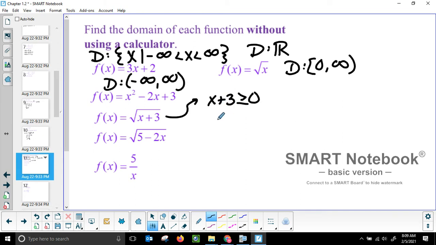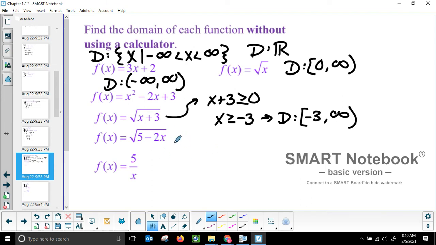I can subtract 3 from both sides. x is greater than or equal to negative 3. So using my interval notation, I can go from negative 3, including negative 3, because it is or equal to, to infinity. So that's all values negative 3 or greater.